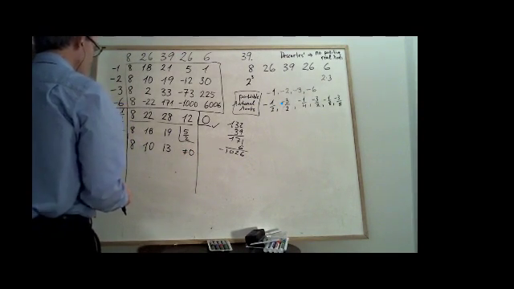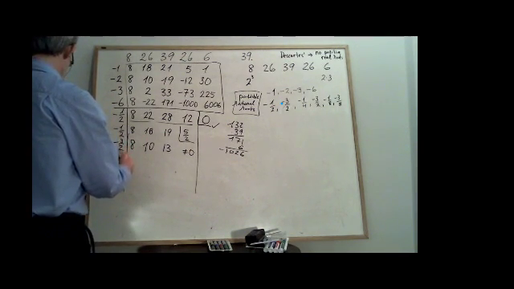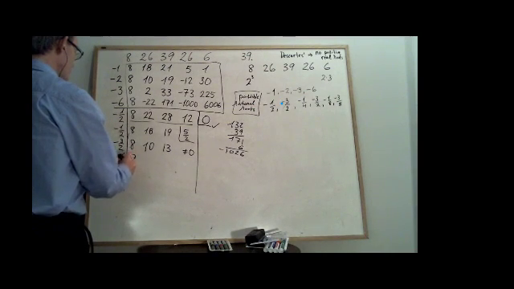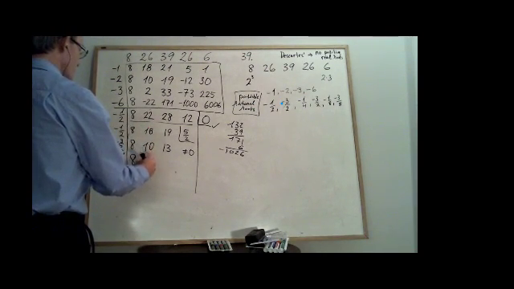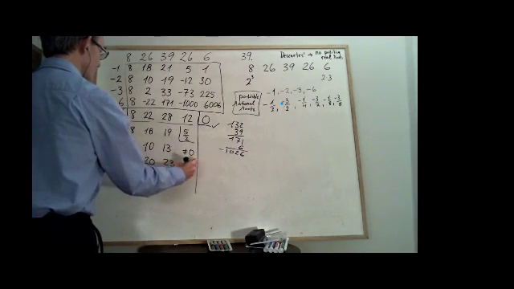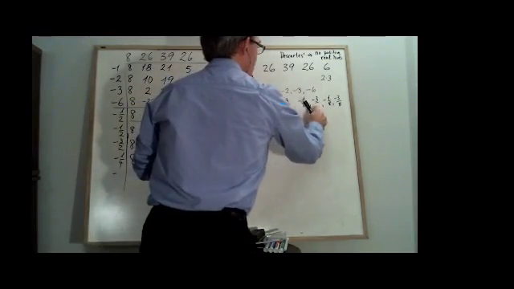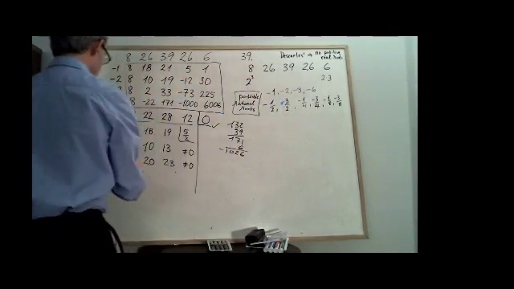All right, and let's try the next one, minus 1/4. So we get 8 minus 2 is 20, minus 5, 23. No, it's not going to give us an even fraction. How about minus 3 over 4.